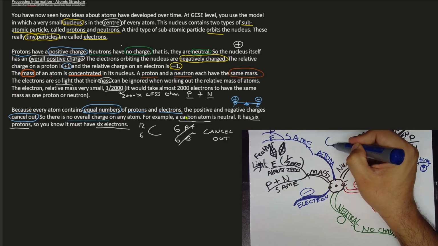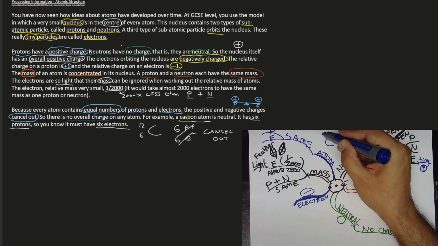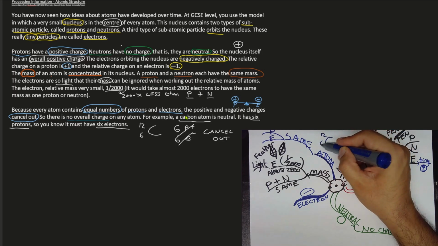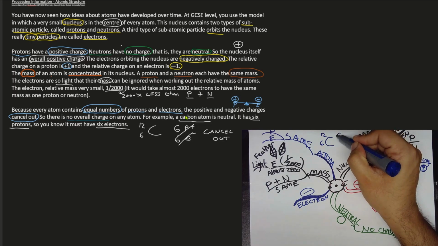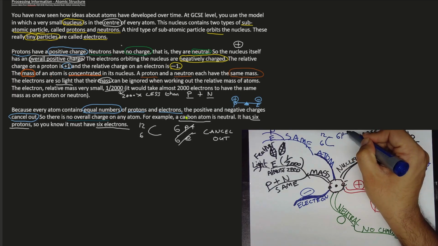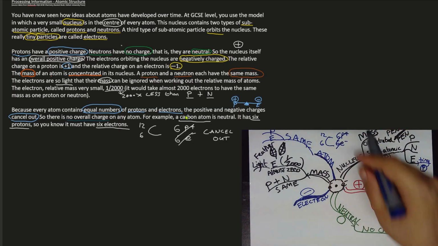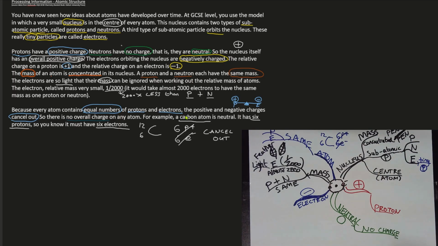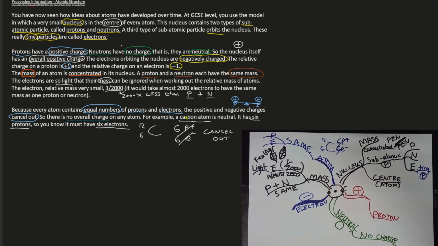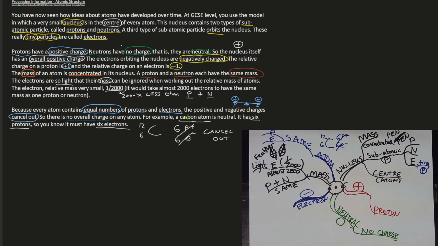So we can just have an example over here where carbon 12 and 6 has 6 protons, 6 electrons, and they both cancel out. All right, I don't need to write down the word cancel out because I know that the protons and electrons are the same. Okay, that is coming just a little bit out of view, so I'm just going to put it a little bit higher up so you can see that.